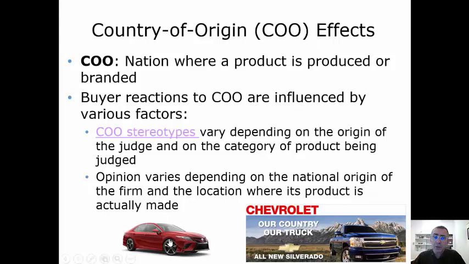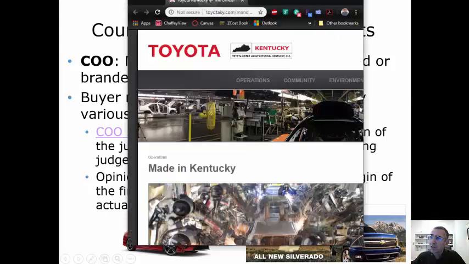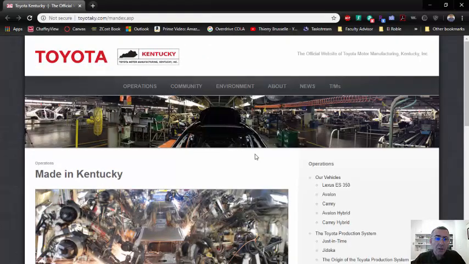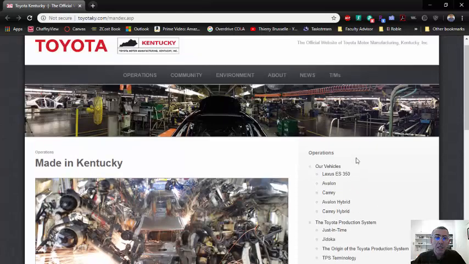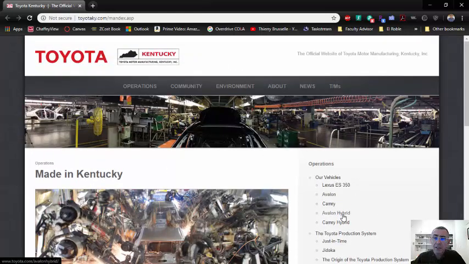By the way, when you have access to these PowerPoint slides, I have lots of hyperlinks for those of you who are interested in this later on. The Camry, one of the best-selling American cars, is made in Kentucky, along with the Lexus ES350, Toyota Avalon, Camry, Avalon Hybrid, so these are all cars made in the United States, made in Kentucky. I know a lot of people, even Lexus, would not have thought that, right?